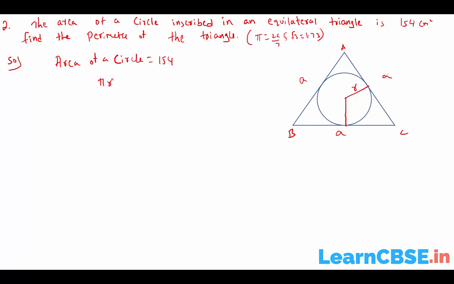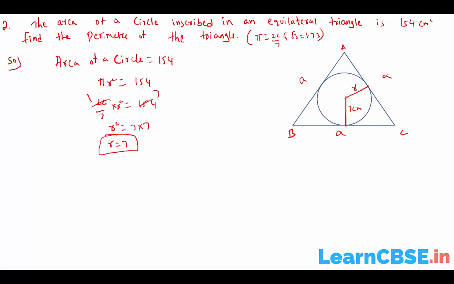Means pi r square equals to 154. 22/7 into r square equals to 154. 22 ones, 7 twos, then r square equals to 7 into 7. R equals to 7 centimeters. So this is 7 centimeters.